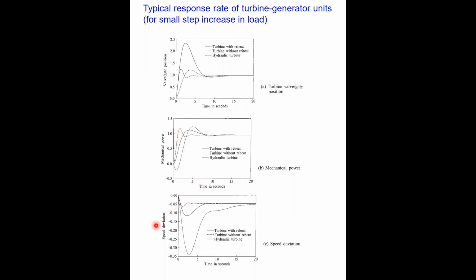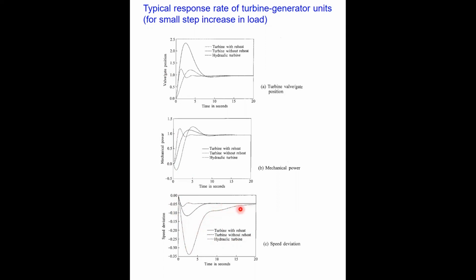Now, if you have the speed deviation, you can see the solid line with the reheat. So it is this slope, and then without reheat, you have this slope, but for the hydro turbine it is this slope here.